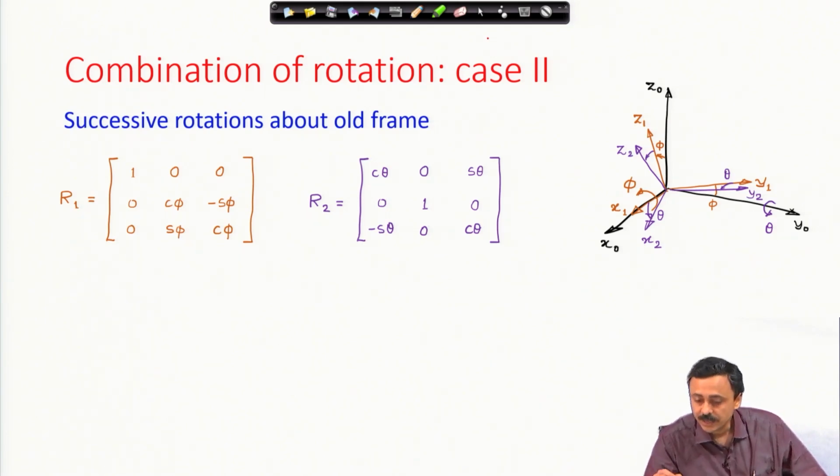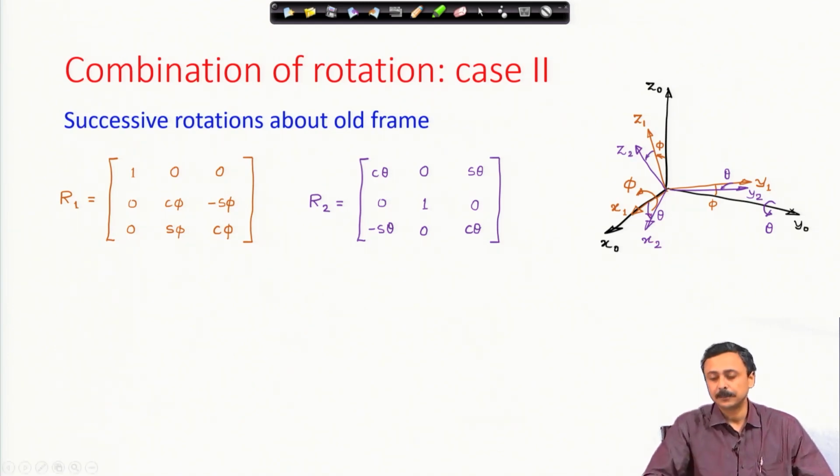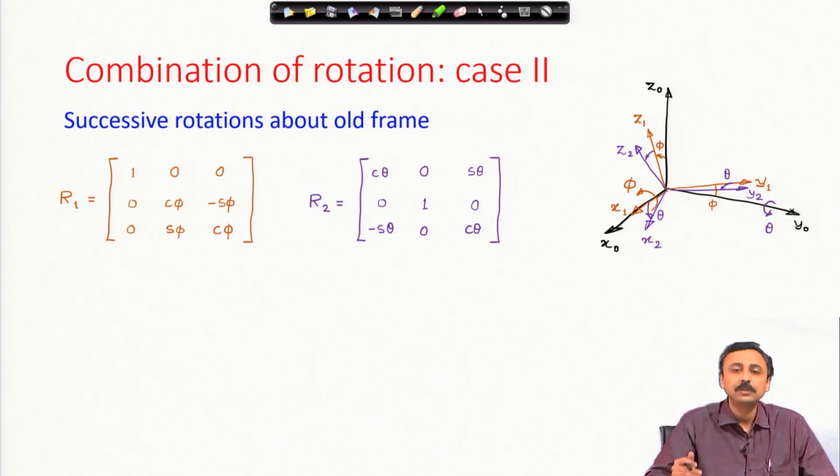You will notice in this second situation now nothing is aligned, y 2 y 1, z 2 z 1, x 2 x 1, whereas if I had given about y 1, then y 2 and y 1 would have been aligned, but now because I have given the next rotation theta about y 0, it is a general frame. Now, this purple frame is a general frame, and these two are the unit rotation matrices.